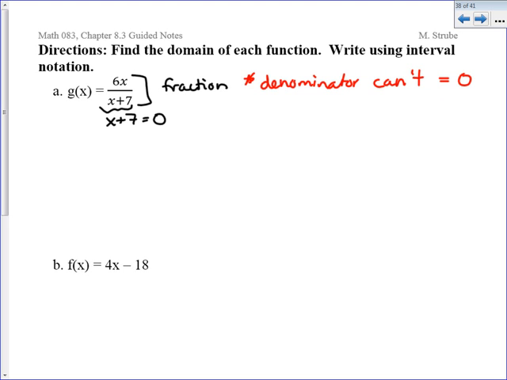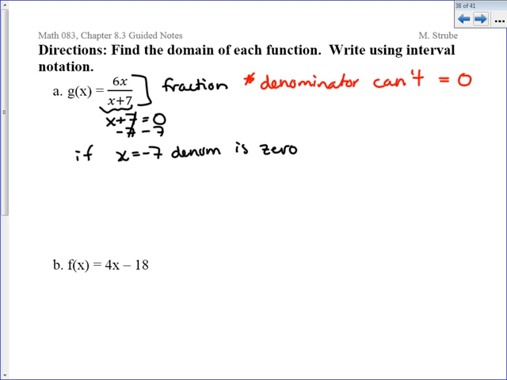And you solve whatever equation you have. So for us, it's going to be subtract 7 from both sides. So we know that if x equals negative 7, then the denominator is 0. That's why we did that. We set it equal to 0 to find what value makes the whole fraction undefined.